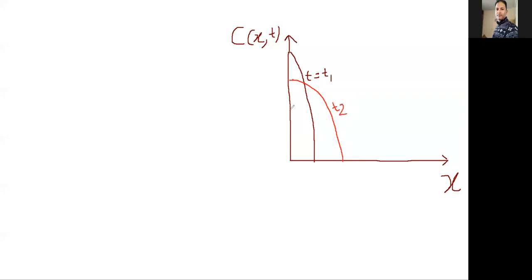And then if you wait for more time and allow diffusion for longer times, it may become like this. This is for t3. So this is how your dopant profile will change with time.